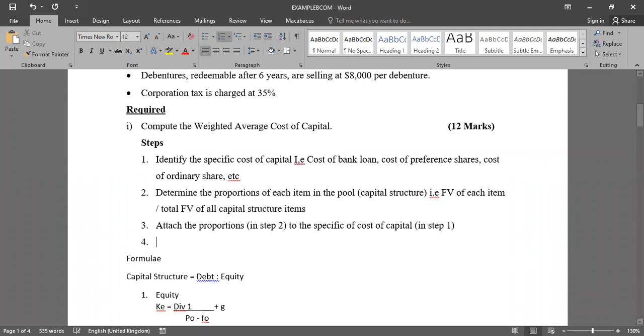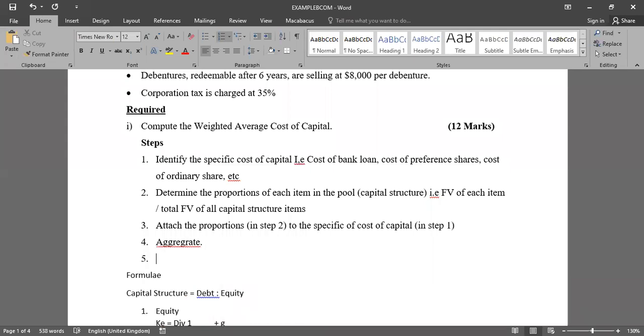And then you aggregate. So let's see how we do that. I'll just draw a table.